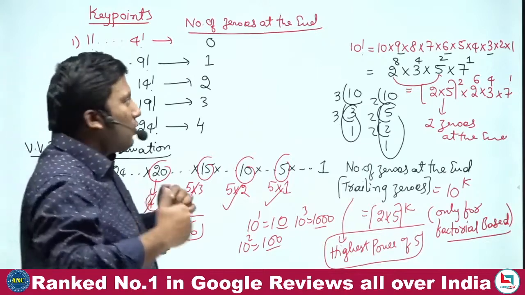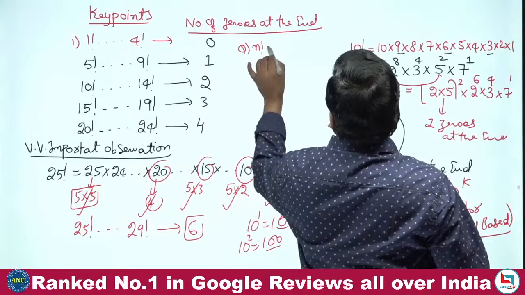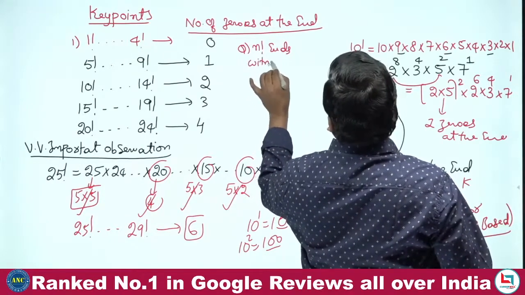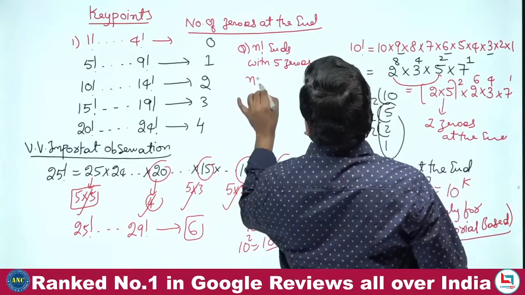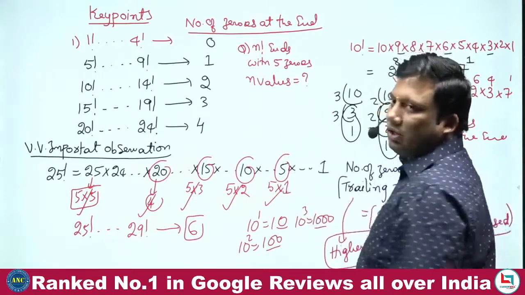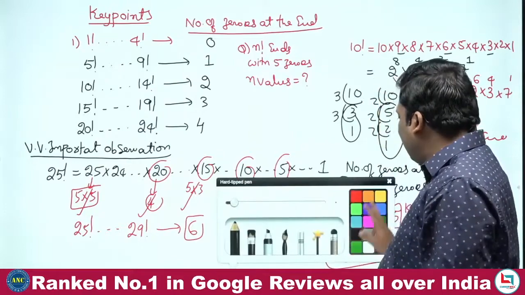That means the question can be like this. N factorial ends with 5 zeros. How many values can n take?